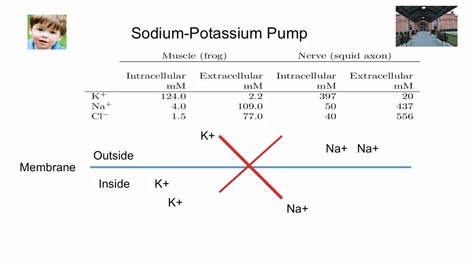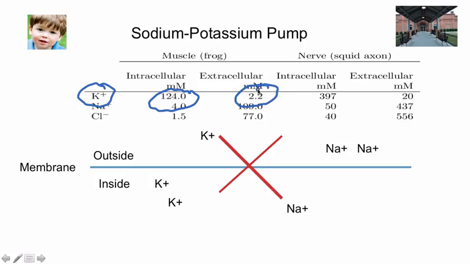After pumping has reached a steady state, the concentration of potassium ions in the inside of the cell is 124 millimolar. On the outside of the cell, it's only 2.2. That's what the pump did.